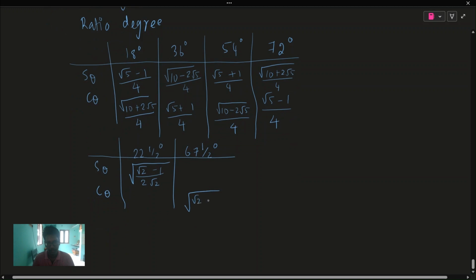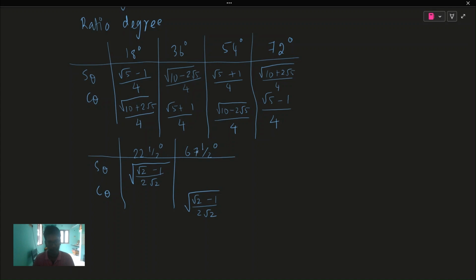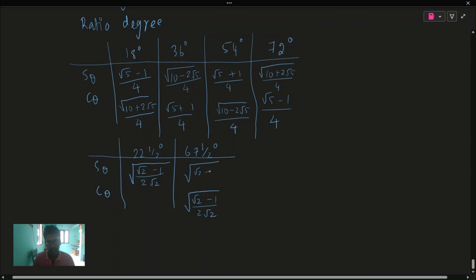Still, same way, sine 67 and a half, I can write it as sine of 135 divided by 2, or else I could even use the sine 3 theta identity. Why? I have theta as 22 and a half, and 3 into 22 and a half would end up getting 67 and a half. So in that way also I could get the value. For this, the same thing, but with plus 1.